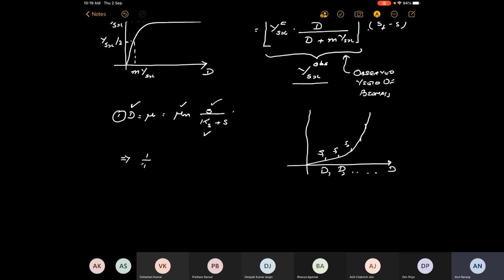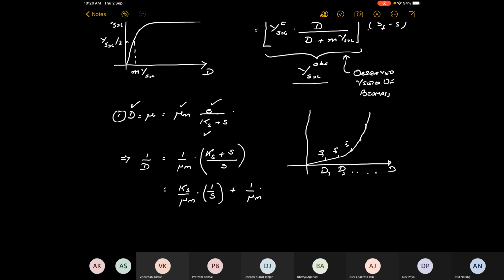So this becomes 1 over D on this side, and here it becomes 1 over mu m times Ks plus S divided by S. This can be written as Ks divided by mu m multiplied by 1 over S, plus 1 over mu m.